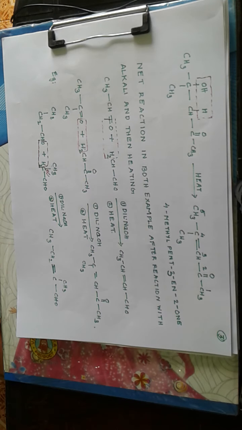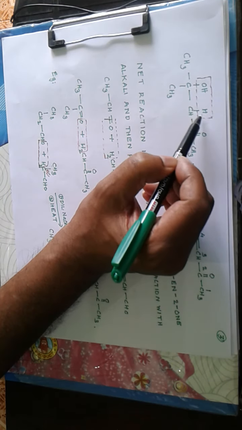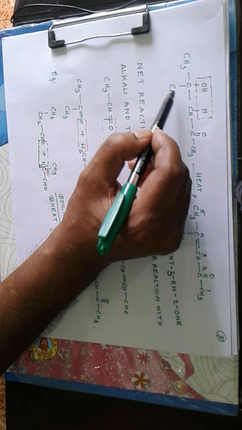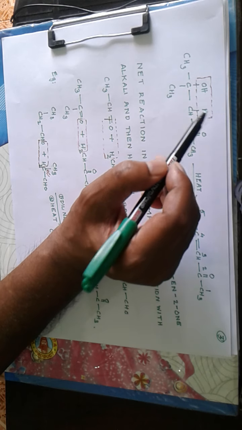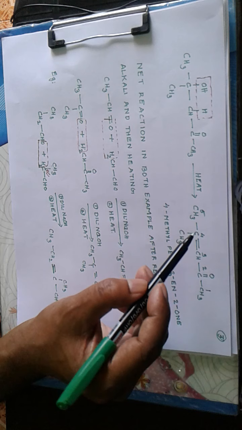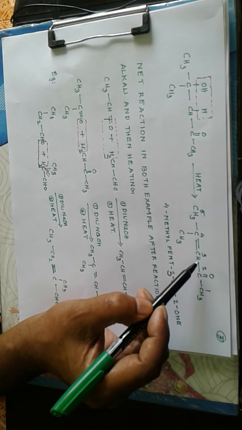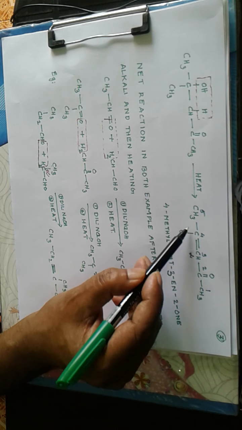Now the ketol on heating can eliminate a molecule of water, HOH removal, so that removal of HOH will produce the alpha carbon here and the beta carbon here.